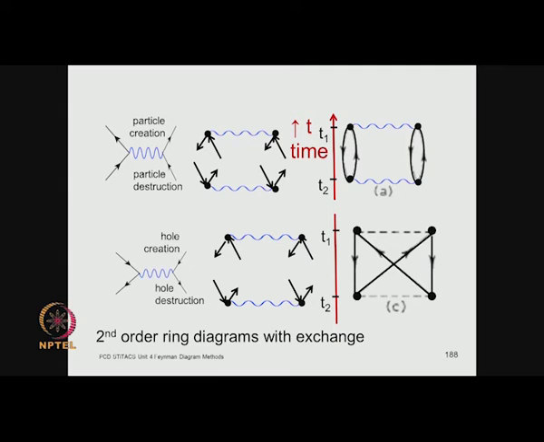So, these are the second order diagrams. You have the direct or the Coulomb contributions, and then you have the exchange contributions. These are the second order direct and exchange terms corresponding to the ring diagram. Very often in literature you refer to this only as the ring diagram, because the default implication is that you will of course take into account the corresponding exchange.